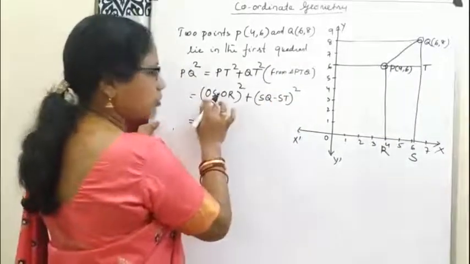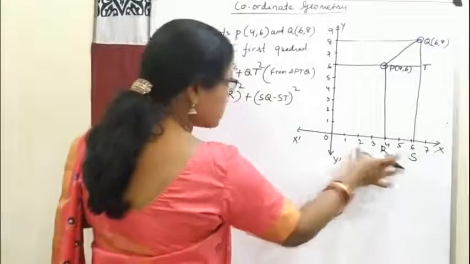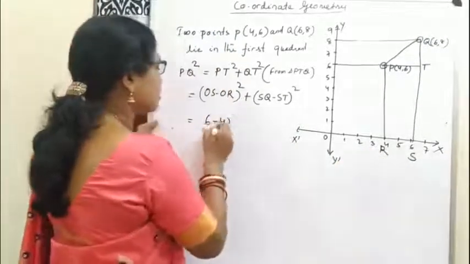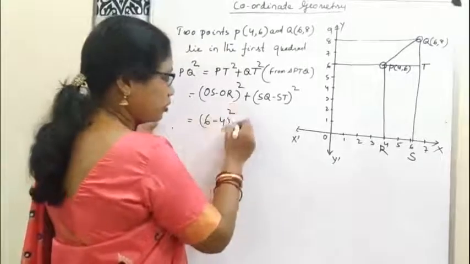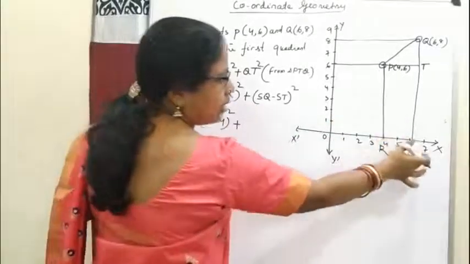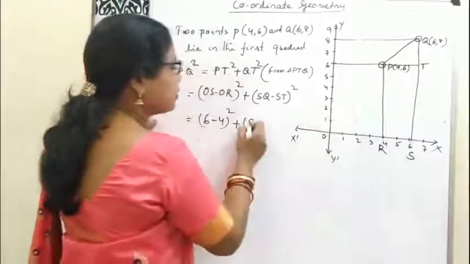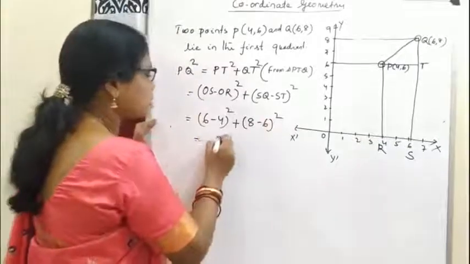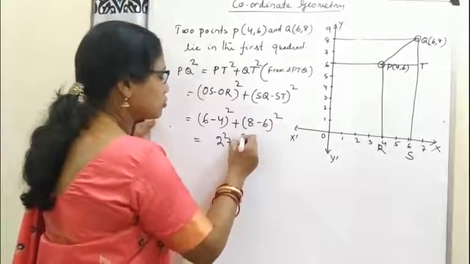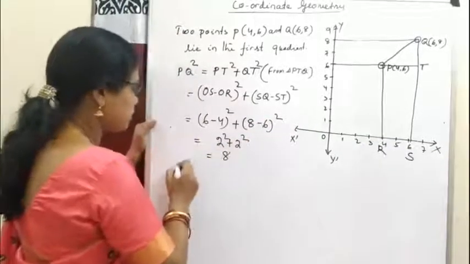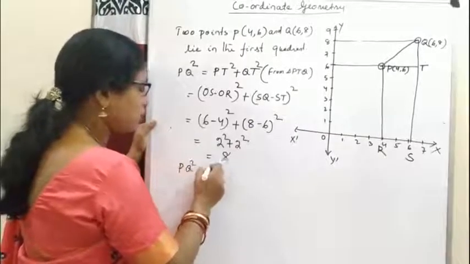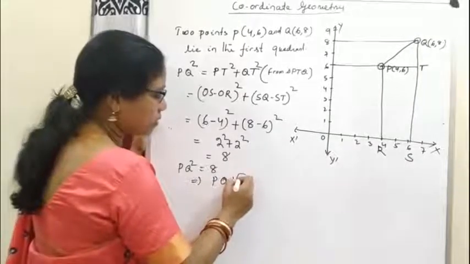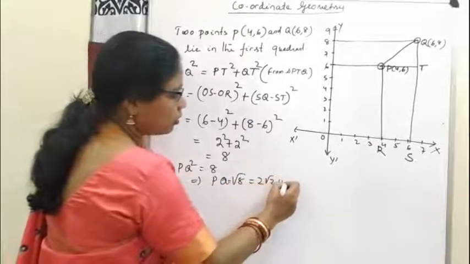So this is equal to what is OS? OS is our 6 unit. OR is 4 unit. So 6 minus 4 whole square plus SQ. SQ is our 8 unit and ST is our 6 unit. So this is equal to 2 square plus 2 square. So this is equal to 8. So PQ square is equal to 8. So this implies PQ is equal to root 8 or 2 root 2 unit.